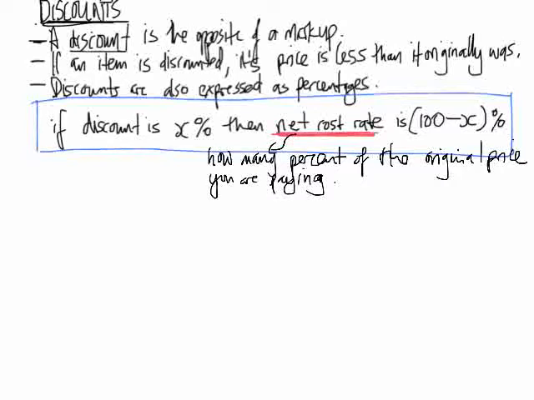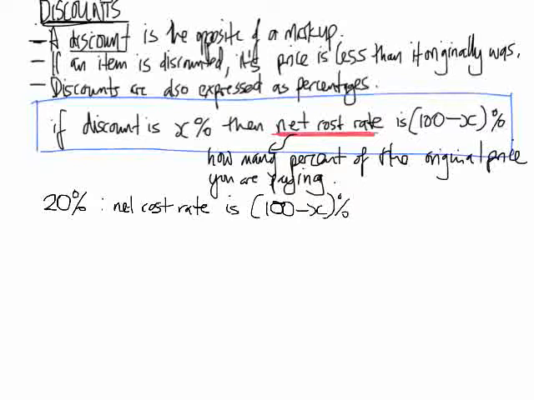So if I went through with this laborious thing, but I might as well go through it. Let's say the discount was 20%, your net cost rate is 100 take X percent, which is 100 take 20%, which is 80%.